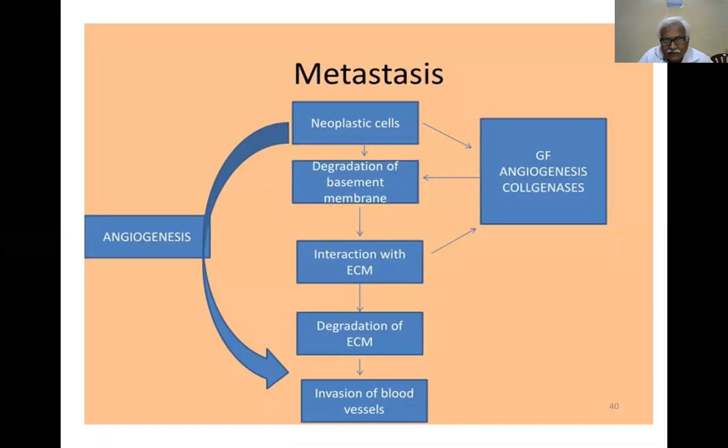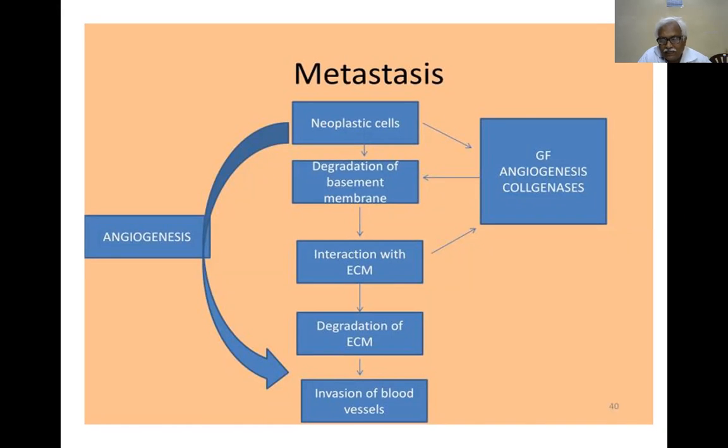So metastasis: the neoplastic cell, the cancer cell, will undergo degradation of the basement membrane, and will interact with the extracellular matrix, with degradation of the extracellular matrix and invasion of blood vessels. At each of the steps, the neoplastic cell will release growth factors and lead to angiogenesis, new blood vessel growth, and then collagenolysis.